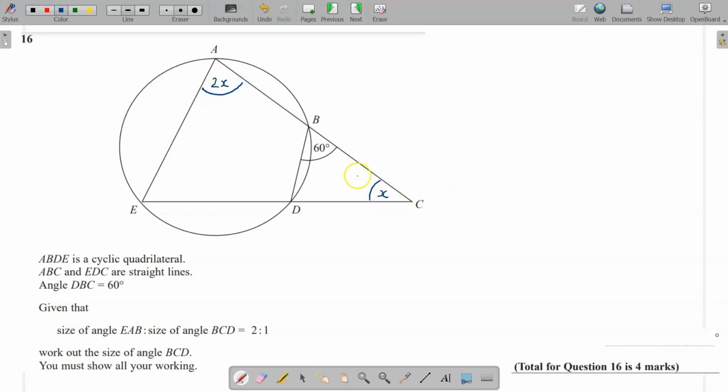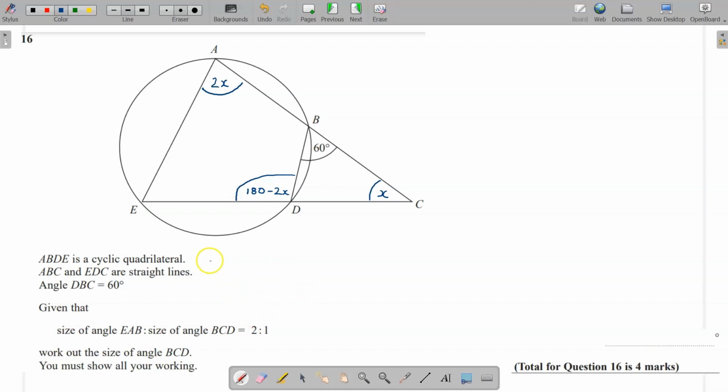Now we know that ABDE is a cyclic quadrilateral. That means the opposite angles add to 180. So if this is 2x, this one down here must be 180 minus 2x. So I'm going to put that in there now, and that's another angle that we need to use.